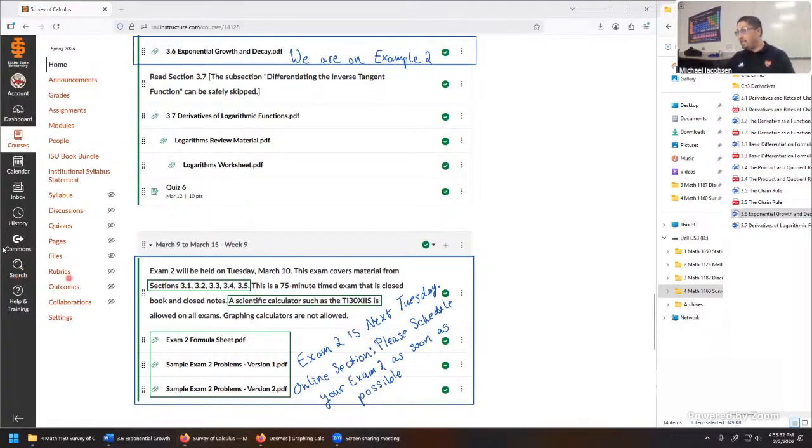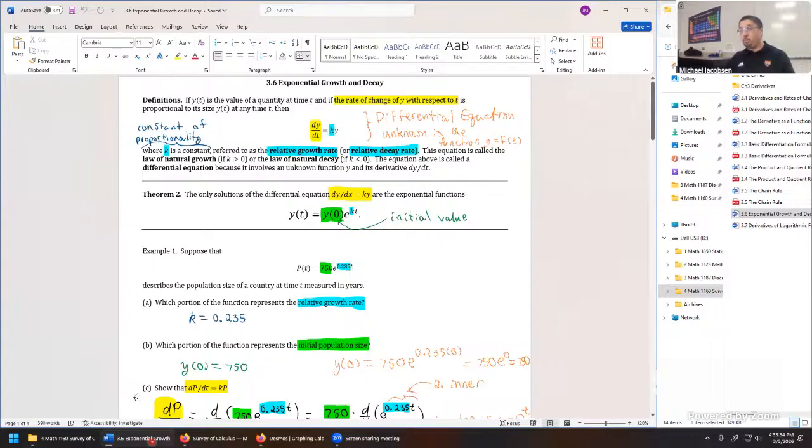Okay, well, let's jump back into 3.6. We were looking into that differential equation right there. We're saying the rate of change of y, whether it's a population or amount of mass or amount of money, any quantity, if the change of it with respect to time is proportional to its size y of t, we get this equation here.